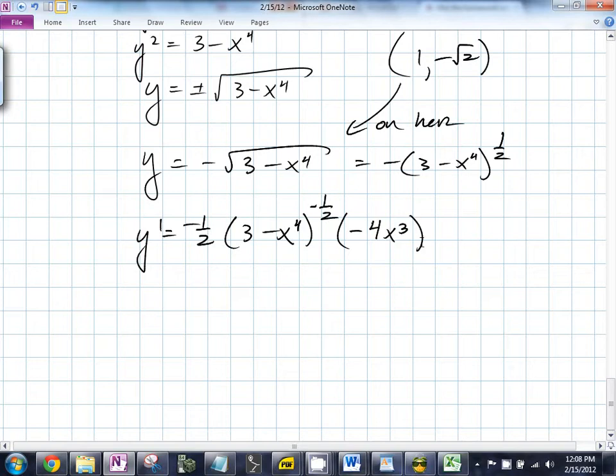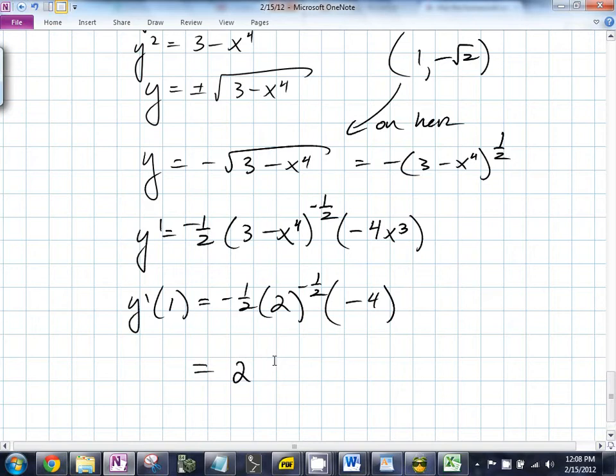Exactly. What do we plug in now? We just plug in 1 for x. So y prime at an x value of 1 is going to be negative a half, 2 to the negative a half, times negative 4. So that's going to be 2 times 1 over the square root of 2, which we've already figured out to be root 2.